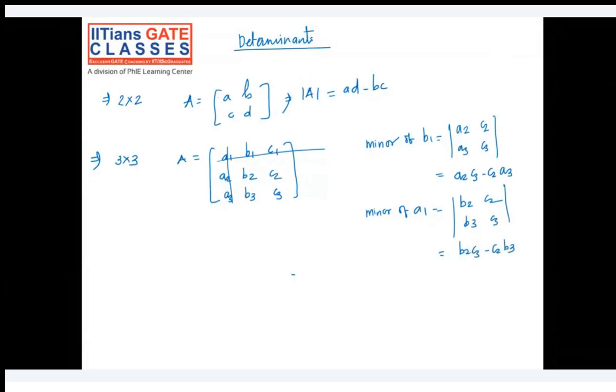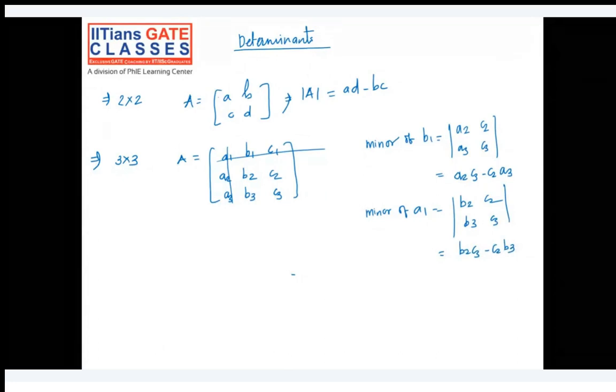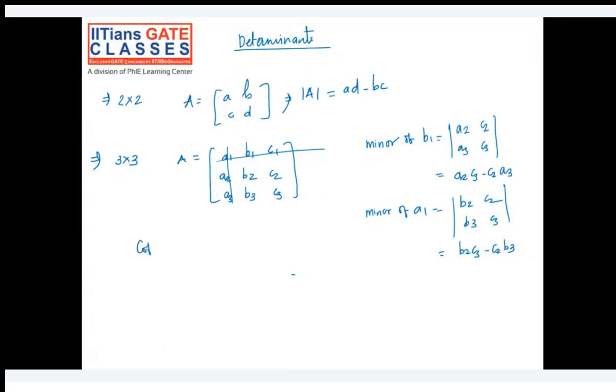Another definition which you should know is cofactor. Cofactor of any element Aij in general is equal to minus 1 raised to the power i plus j multiplied by the minor of Aij.